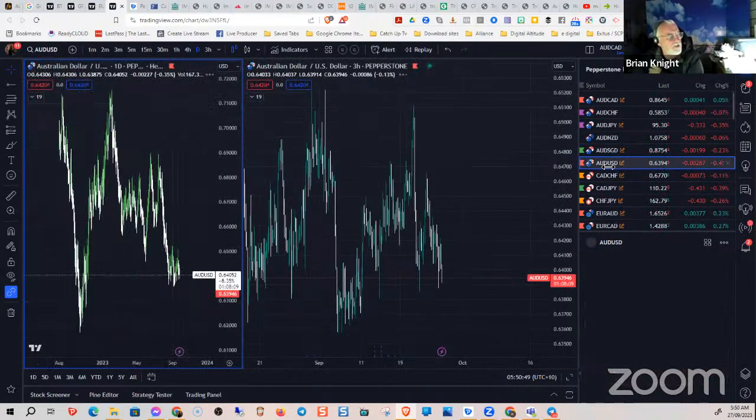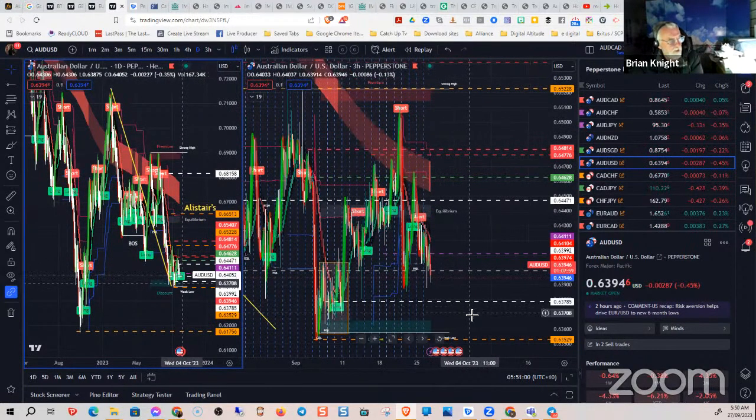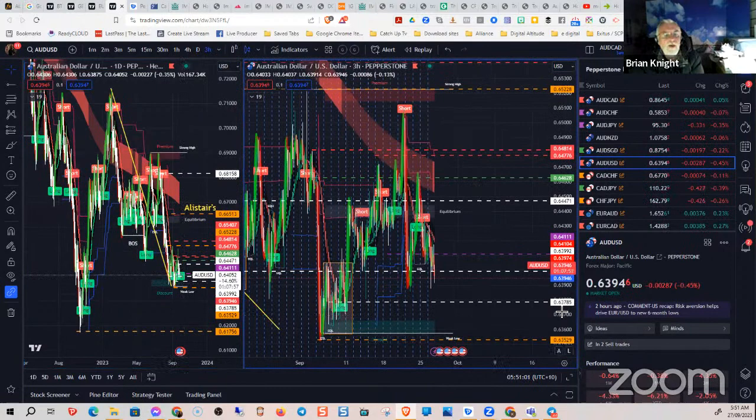Right, AUD USD. The Aussie dollar is in that sell. US has been strong. It's pulled back down here. I'm in a number of these trades as well. Actually, I think only, where am I?